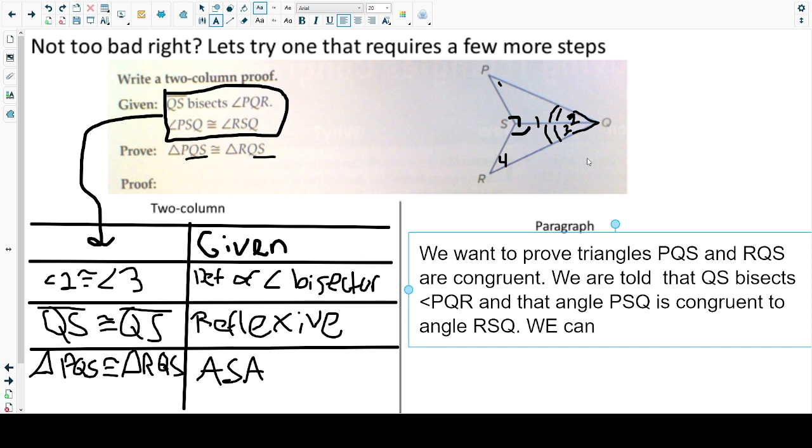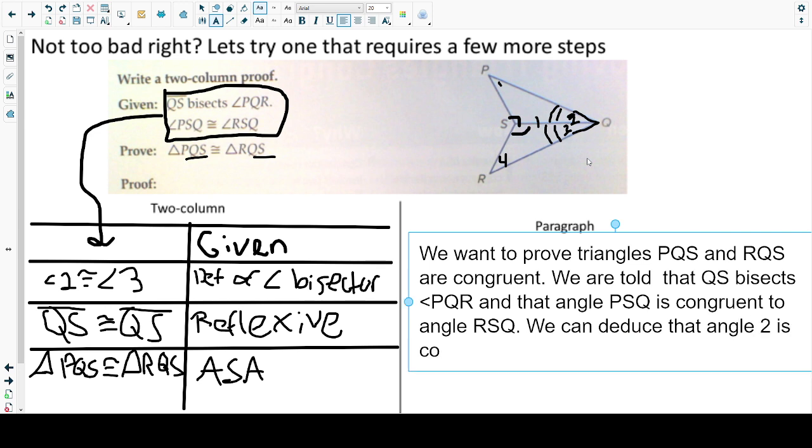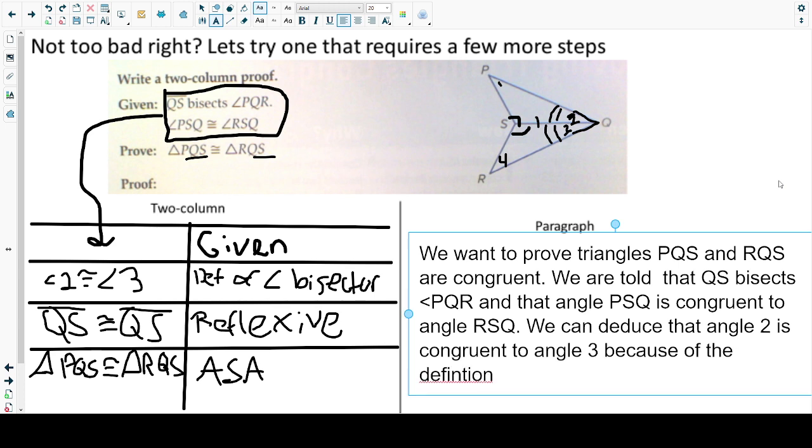So we can deduce, that favorite word there, deduce, that angle 2 is congruent to angle 3. And again, if you're going to use numbers for your angles, make sure you number them on the diagram so I know and the person knows what angles you're talking about. Because of the definition of angle bisector.